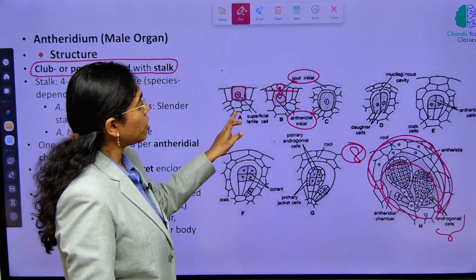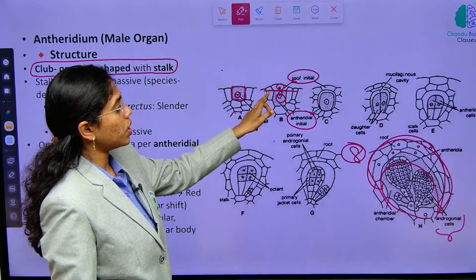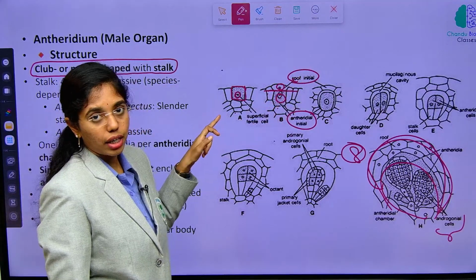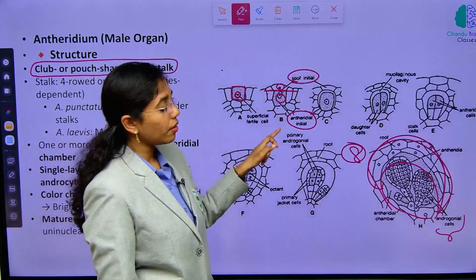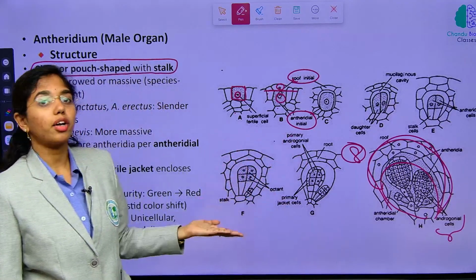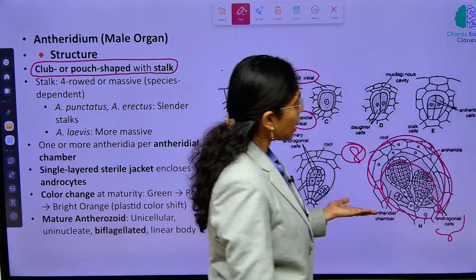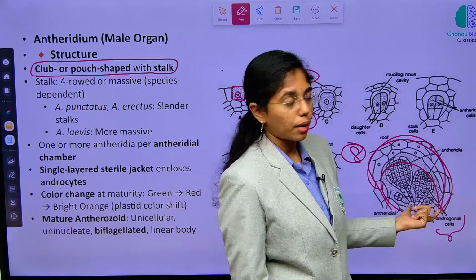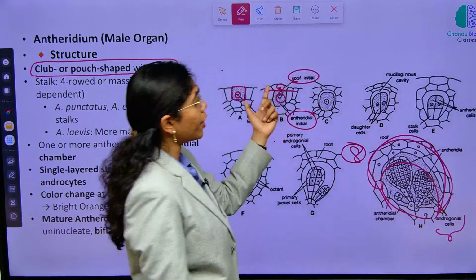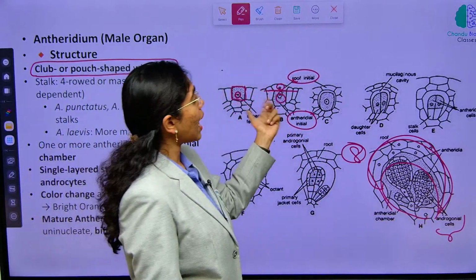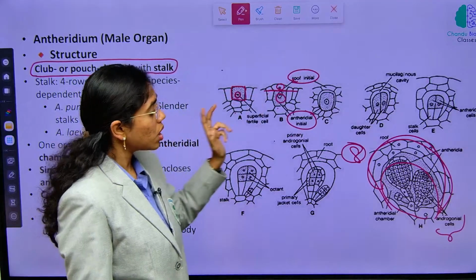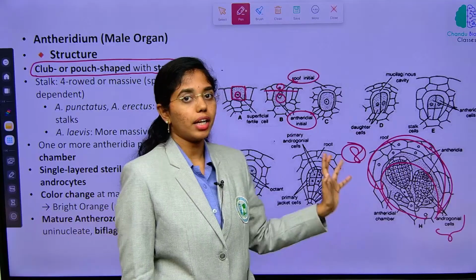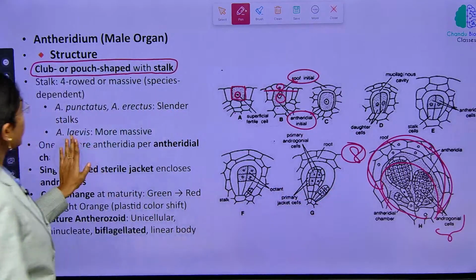So, one superficial fertile cell undergoing transverse division forms the outer roof initial and inner antheridial initial. Inner antheridial initial, after sequential mitotic divisions, will form what? Androgonial chambers, inside which androgonial cells are present. And the outside roof initial, after sequential mitotic divisions, forms a complete jacket layer over the antheridial chambers. Clear till here? Any doubt anywhere?